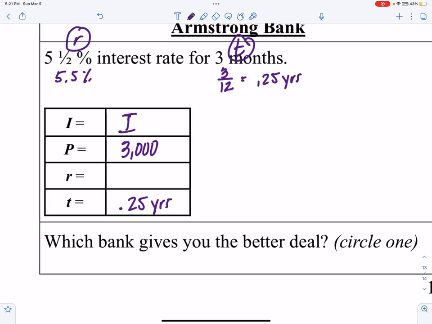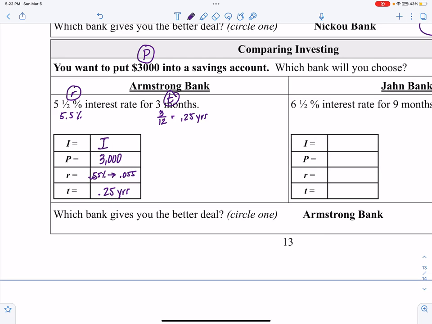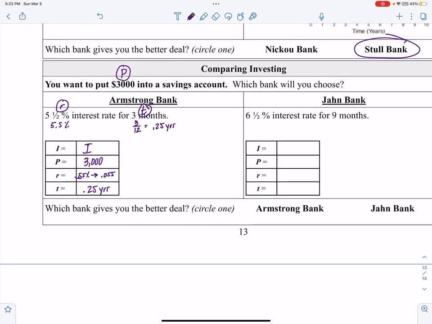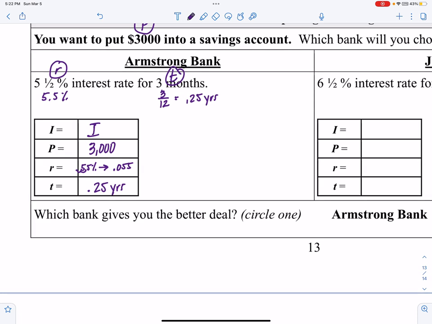The rate is 5.5%. We don't work in percents, remember, so divide by 100, and we have 0.055. Okay. Now I can go ahead and do that math work. And let's see what our interest earned is. Okay, so we have simple interest equals principal times rate times time.